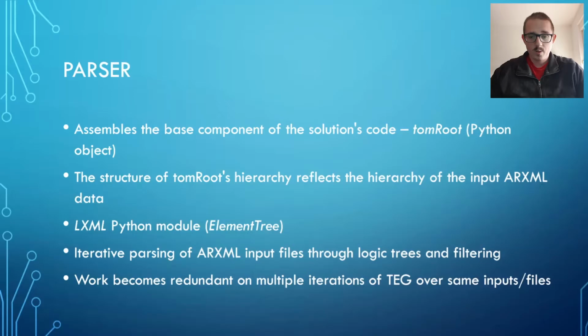So when you're testing something, you're of course running the same programs over and over. The multiple iterations of a tag can be and were actually being done on the same files. So in order to improve the parser, I figured I would have to remove this redundant parsing.